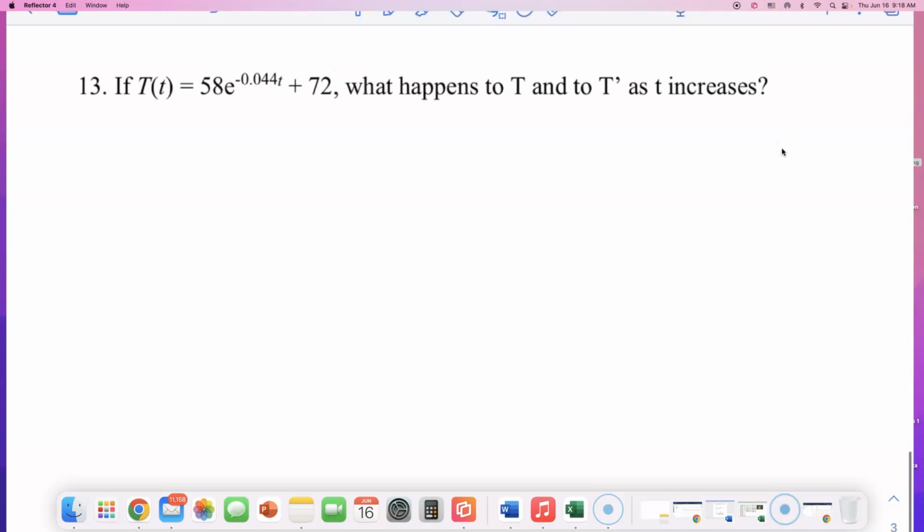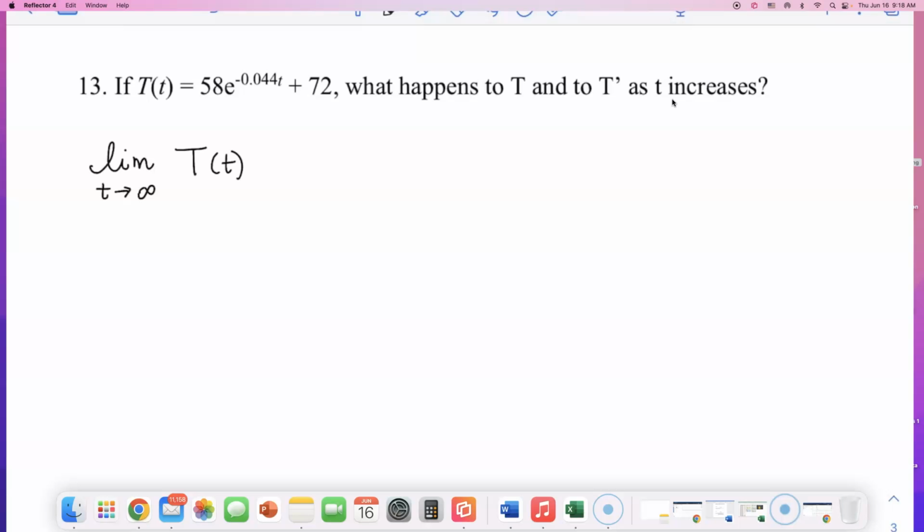But when I see this problem that Nova Online typed up for us, this is what I'm thinking. What they mean by t increases, the little t increases, is what happens as little t goes to infinity. So this is what I'm going to do first. I am going to find the limit as t goes to positive infinity of T of t.